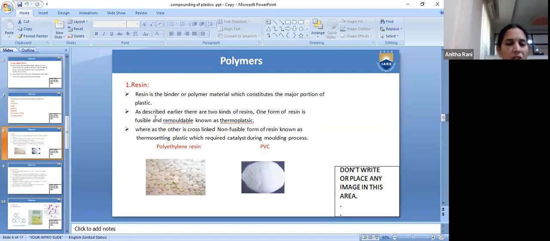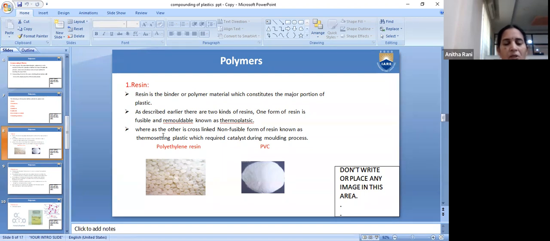As described earlier, we discussed already that there are two kinds of resins, ma. One is thermoplastic resin, one is thermosetting resin. Thermoplastic resins are fusible and remoldable. We know the differences also. We can reshape them, so those that are fusible and remoldable are known as thermoplastic resins.